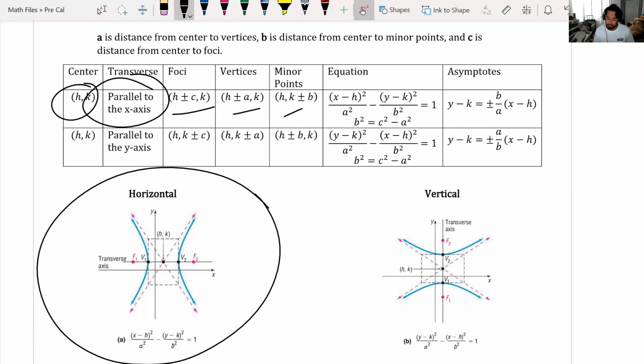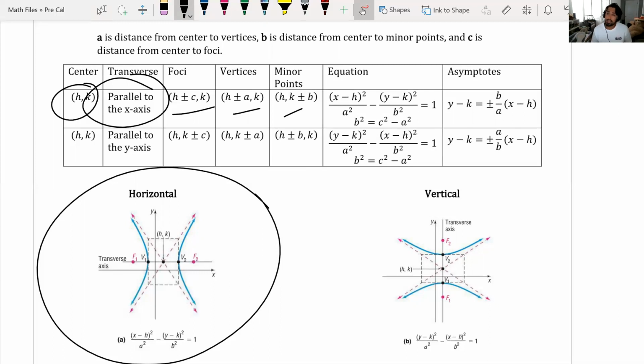So if you are parallel to the x-axis, we use the first equation shown. (x minus h) squared over a squared minus (y minus k) squared over b squared equals 1. And if we need to find a, b, or c, we use this formula. b squared equals c squared minus a squared.